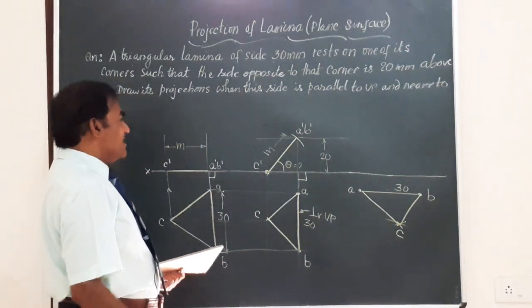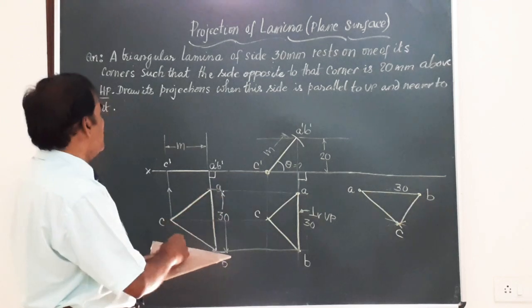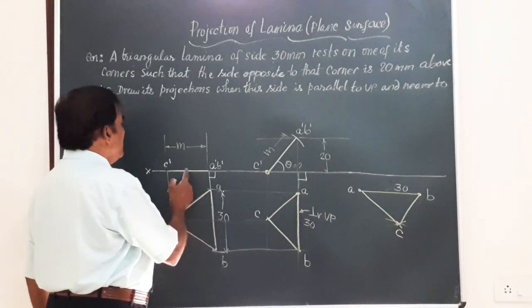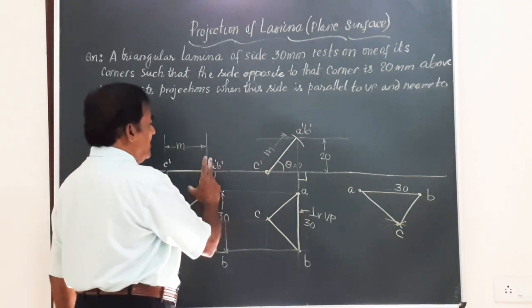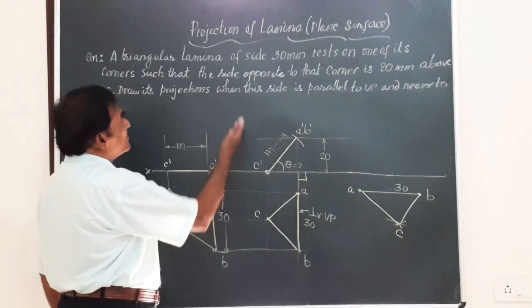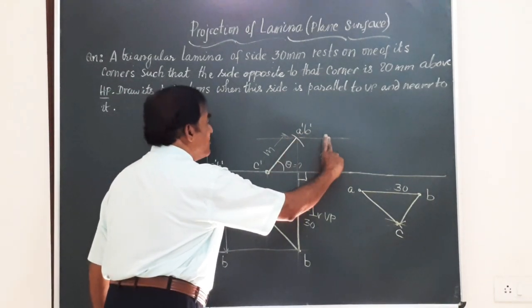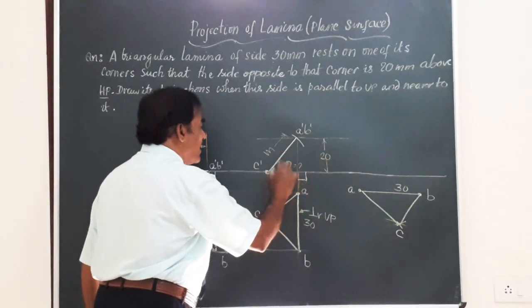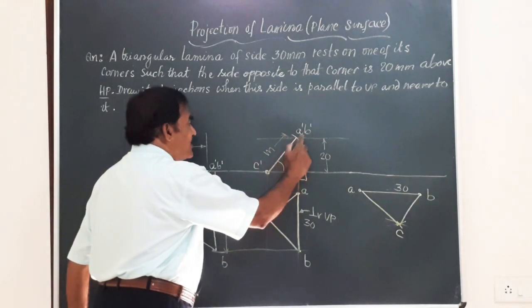Friends, before I draw the final front view of that, let me just tell this again. We have the lamina placed on HP, we obtained the front view as a line having length m, and they had given in the question that the side opposite to the corner is 20 mm above. So we could draw the locus of that point or that edge, and taking this radius with center C dash, I have got that point.